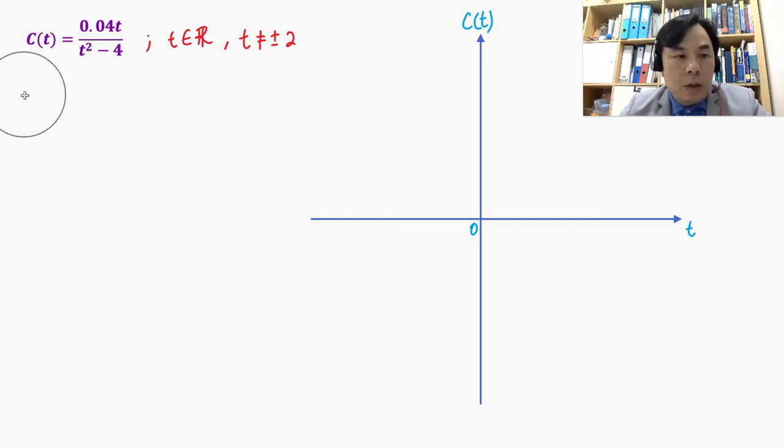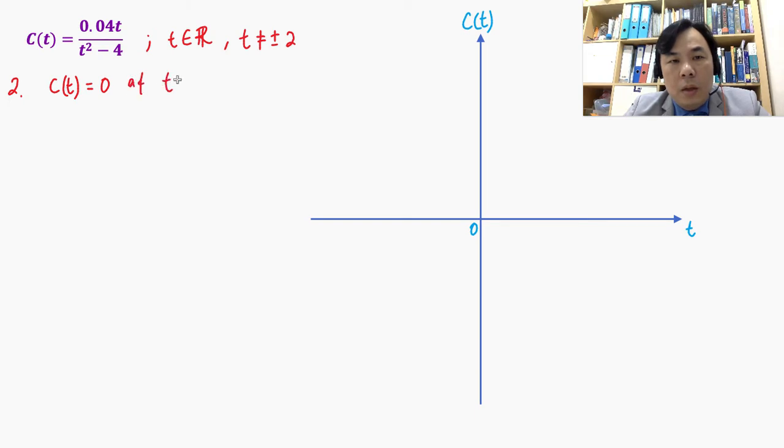Maybe we can go directly to number 2. Our number 2 would be to find out any x or y intercepts. In this case, it is very direct. We notice that C(t) is equal to 0 at t equal to 0.